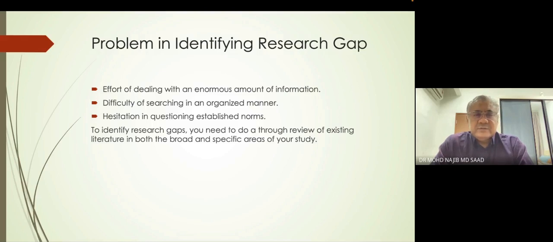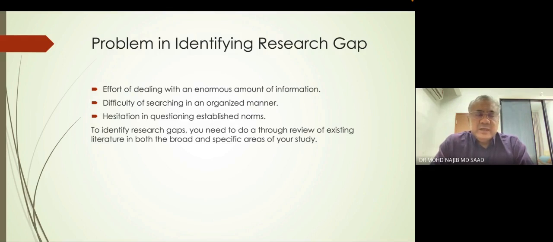And this results in a problem in identifying the research gap, whereby if they are able to critique and comment on the established or past findings, it is one of the ways we can identify the research gap for our specific study.